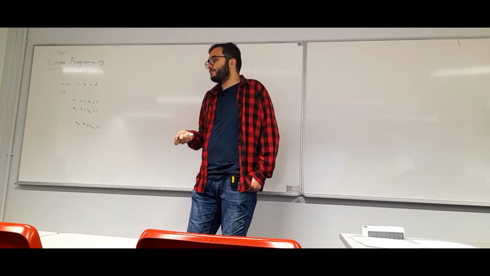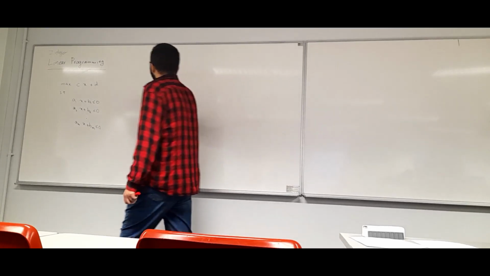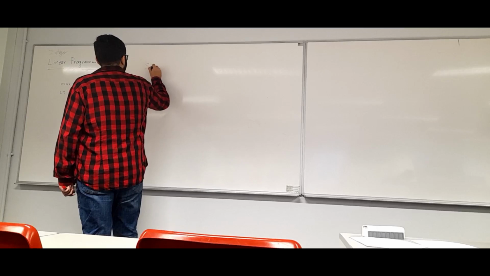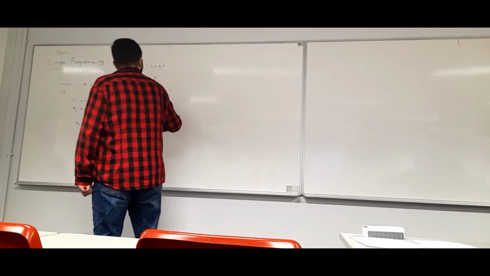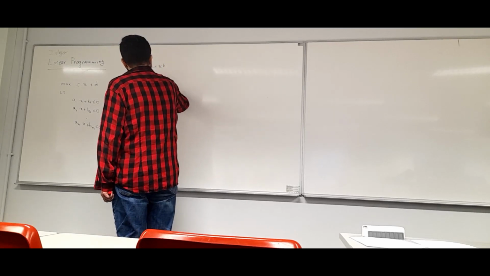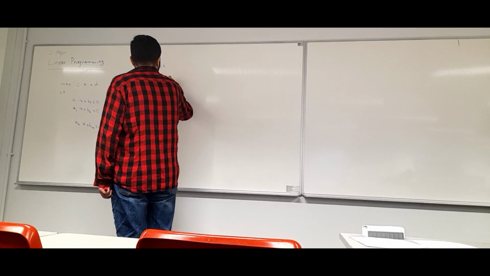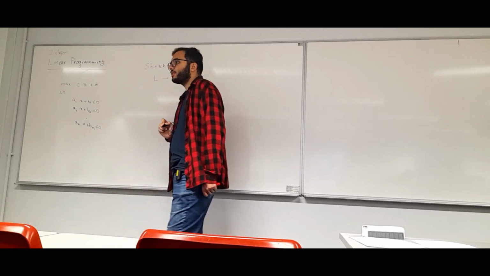Of course, I can have many different reductions, but this is the sketch of all the algorithms that we're going to see. So I take my problem L, and I reduce my problem to integer linear programming.